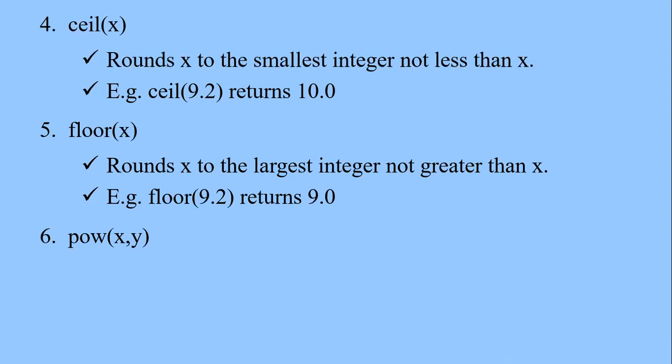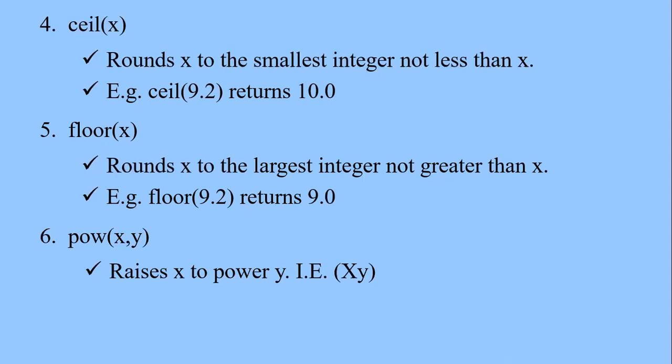In other words, this function receives 2 arguments. It raises the first argument to the power of the second argument. That is x raised to y.